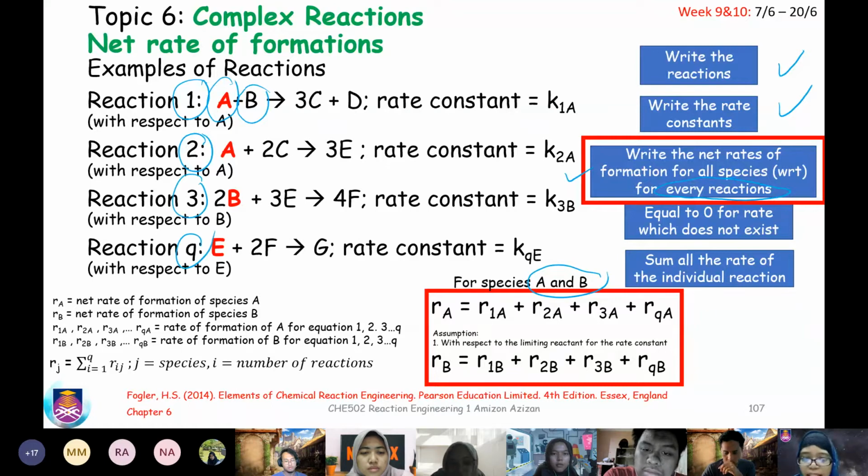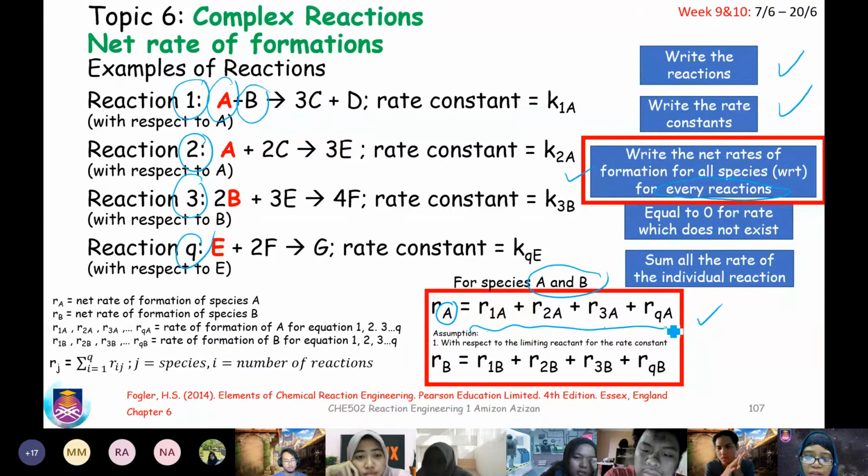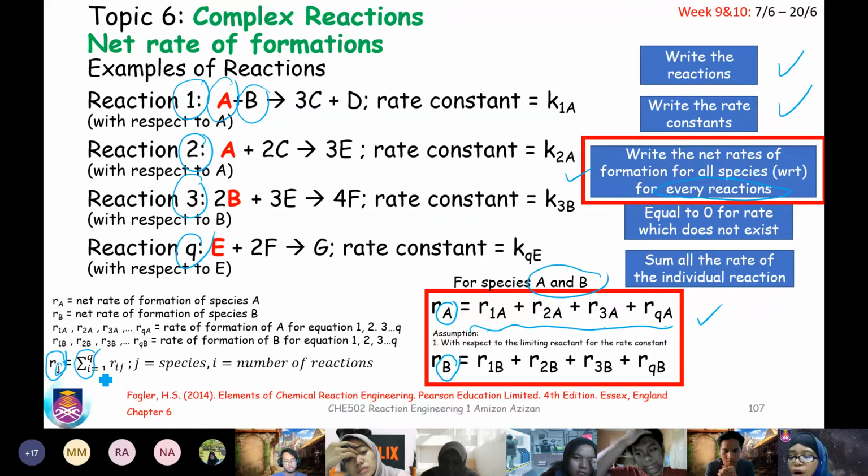Let us start with the first one, species A. If we have 4 reactions, then simply R1A, R2A, R3A, RQA. The same goes for B. So we are using this formula: the rate of formation of species J is simply the summation of all the reactions, not species.